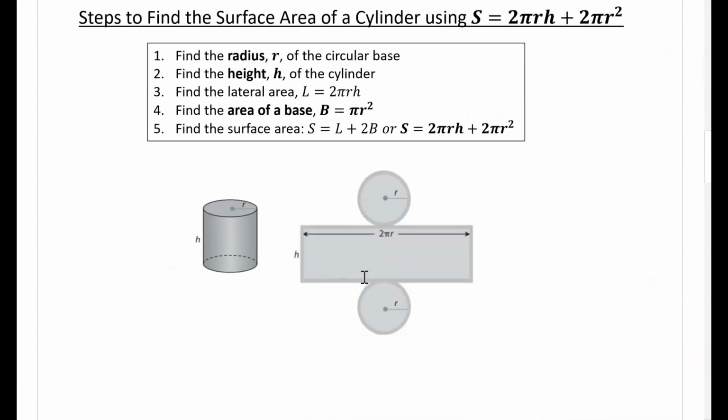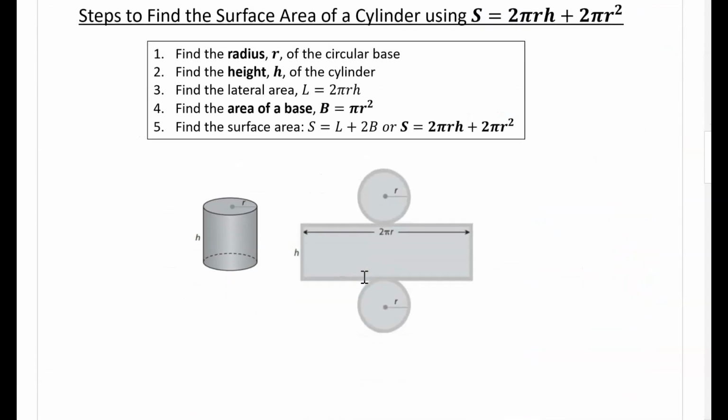So let's look at the steps for today. So steps to find surface area of a cylinder using the formula. Key things to know, you're going to need the radius. As if you notice on the formula, we have a radius. So you need to figure out what the radius is.